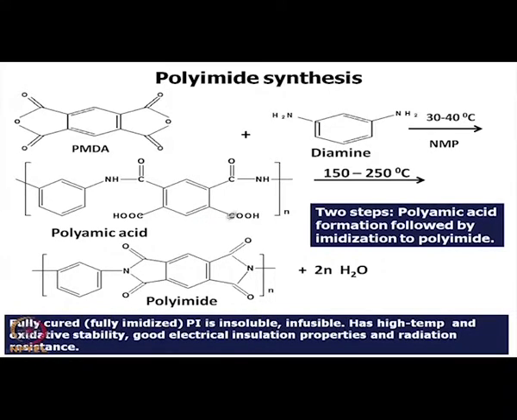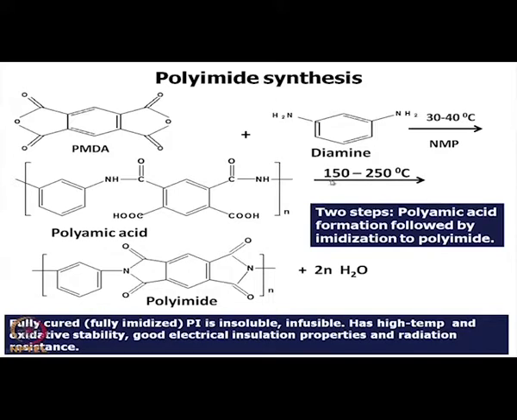Then, in the next step, this is the first step of polyamic acid precursor formation. After this precursor is made, then that is heated slowly to remove the solvent. Solvent will evaporate out.